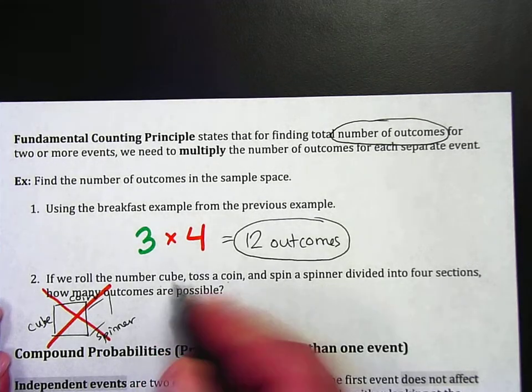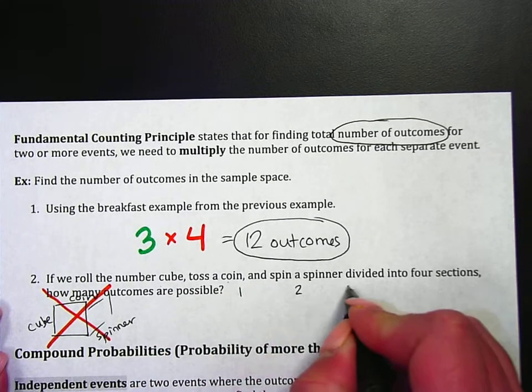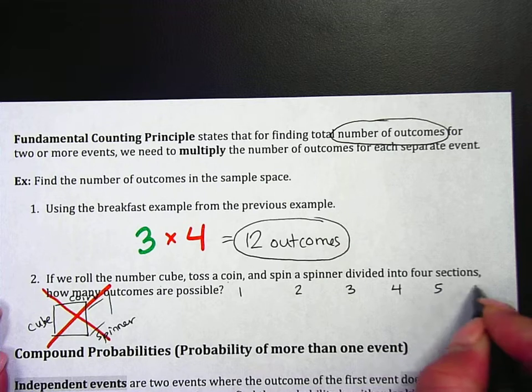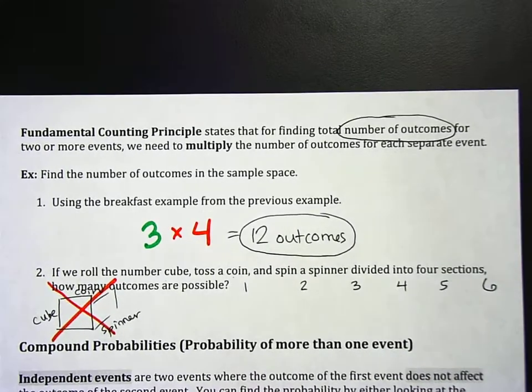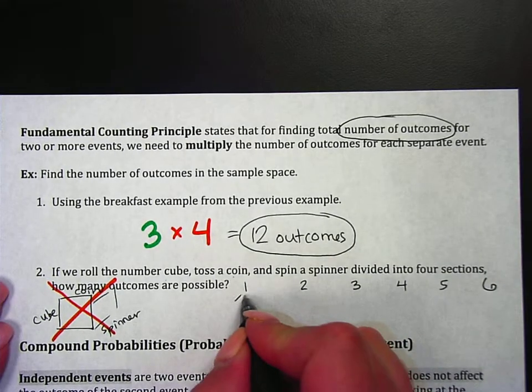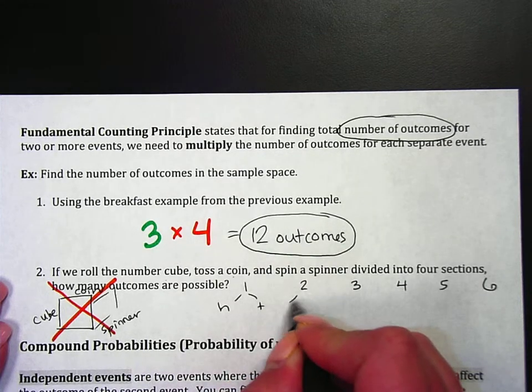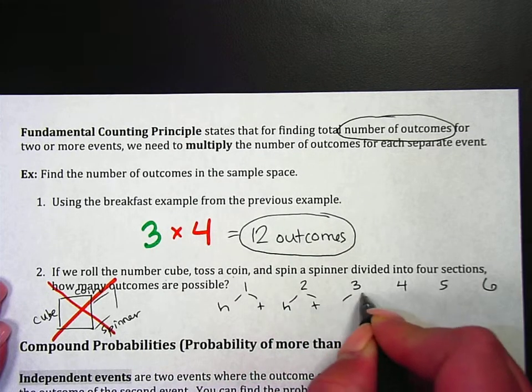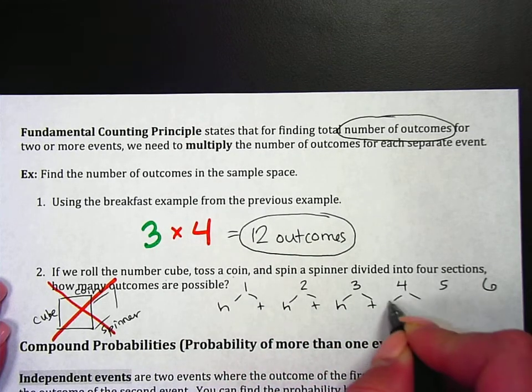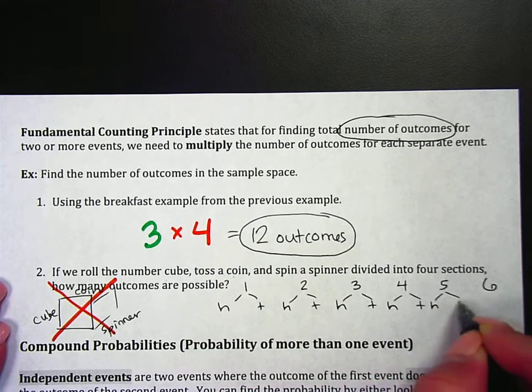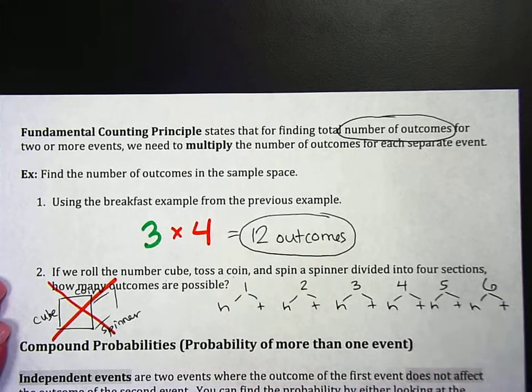So if I had a cube, I'm looking at 1, 2, 3, 4, 5, 6 sides of the cube. I'm then tossing a coin. So I could have heads or tails for each side of the cube.